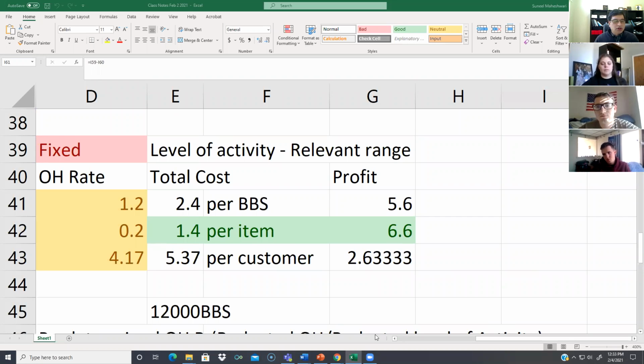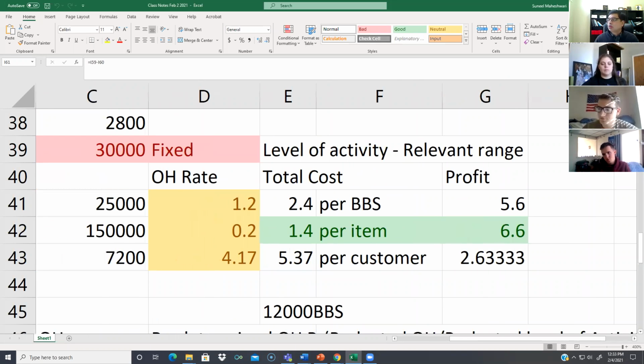We did computation of the overhead rates. So depending upon what the base was, we said it could be $2.40 per bread and bowl, or $1.40 per item, or $5.37 per customer.